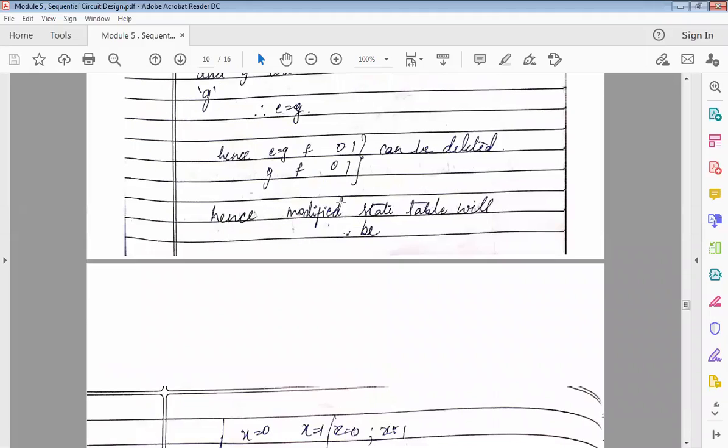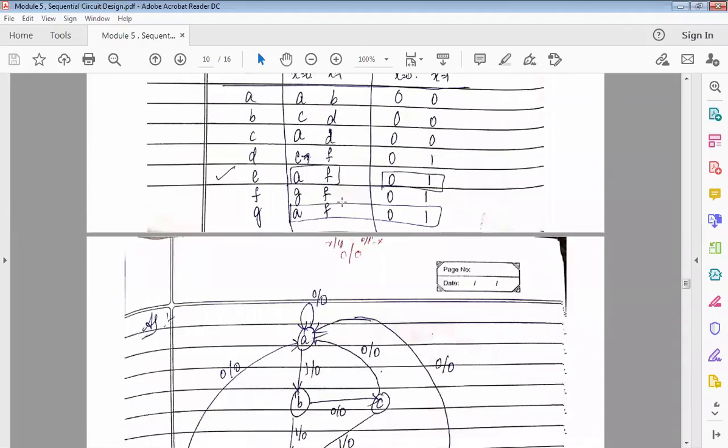What I'm trying to do here is, for state E, I am giving G, because I got E is equal to G. So here instead of E, I will write G. Here again you can see that I have GF, I have GF, I have 0, 1, I have 0, 1.